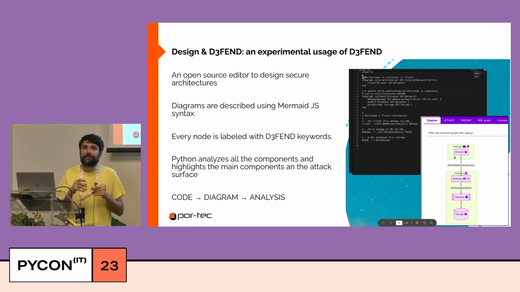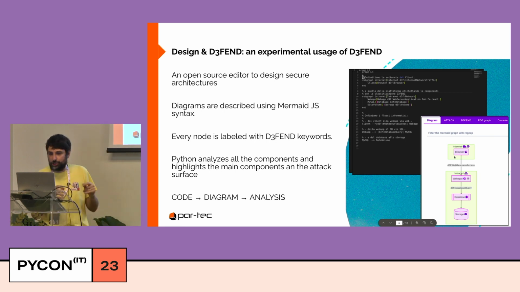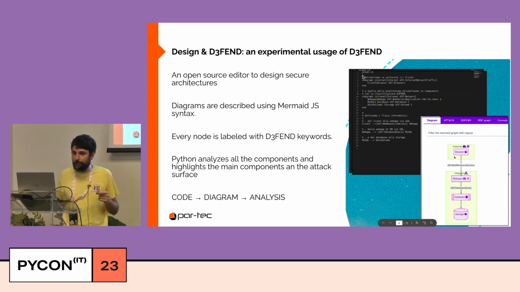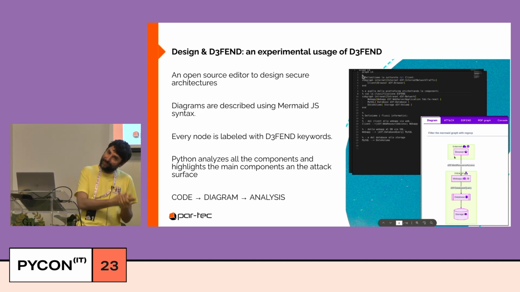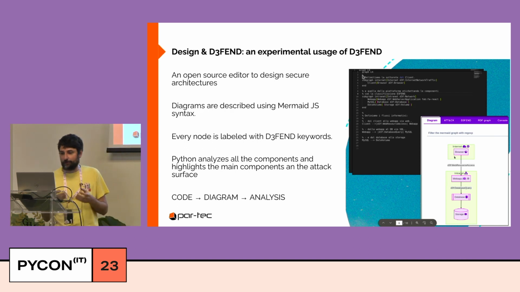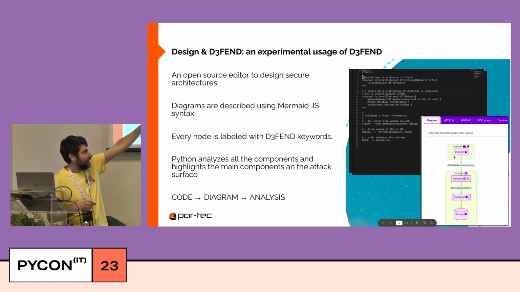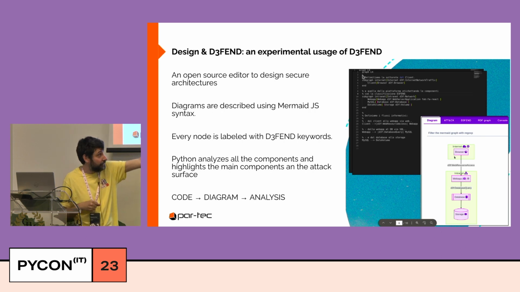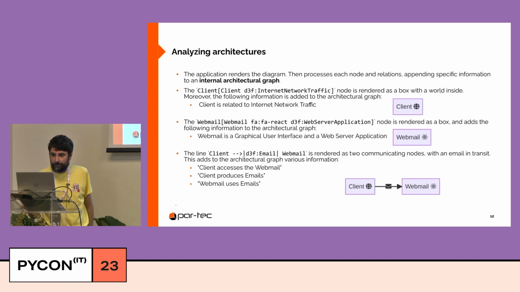It chooses it, makes some magic, but we'll see if we have time, and creates a graph. And then I can query the graph and get the attacks, so the offensive and defensive techniques associated. So in this image, we have the diagram that is rendered, and then, well, we'll see.